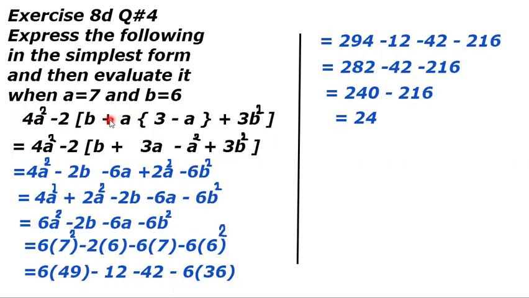A has positive sign, 3 also has a positive sign, so with 3A there will be positive sign. Now A will be multiplied by A and it will become A square. I am repeating, A multiplied by A gives us A square.